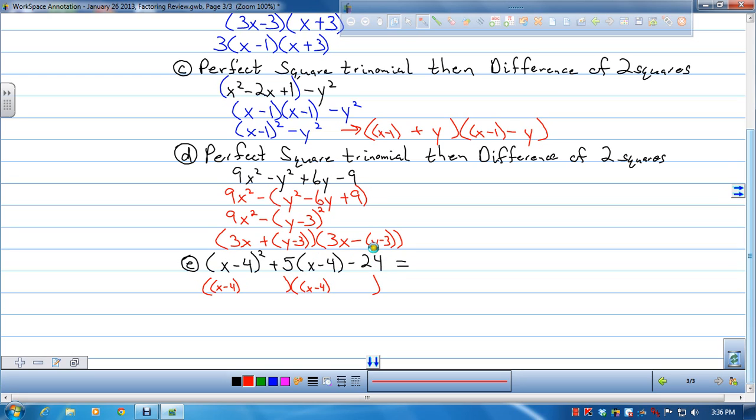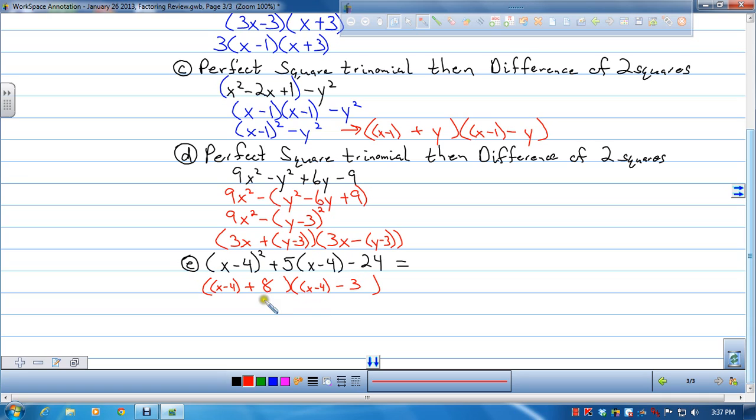you should start going through the factors of 24. Obviously, it's not going to be a 1 and a 24. It's not going to be a 2 and a 12. Next option is a 3 and an 8. 3 and an 8 is 5 away from one another. So when I add, if I have to get a positive 5, that means the 8 should be positive. The 3 should be my negative.